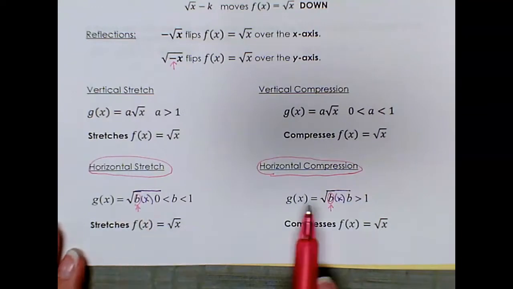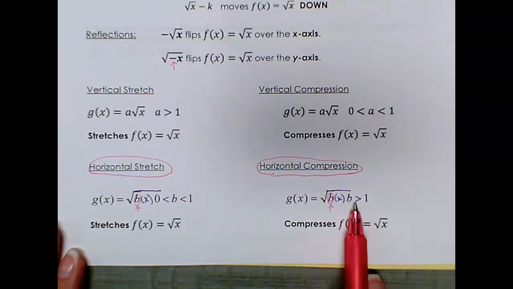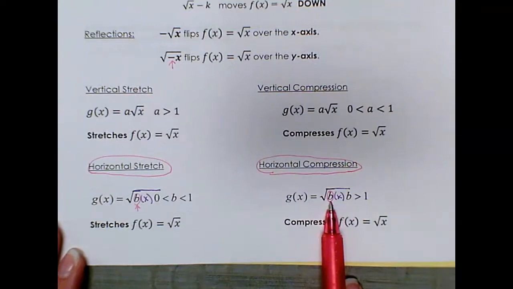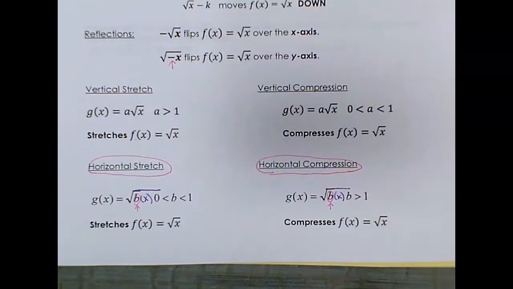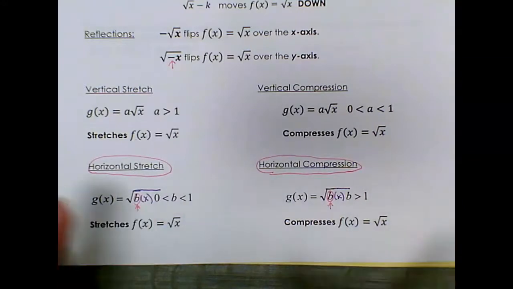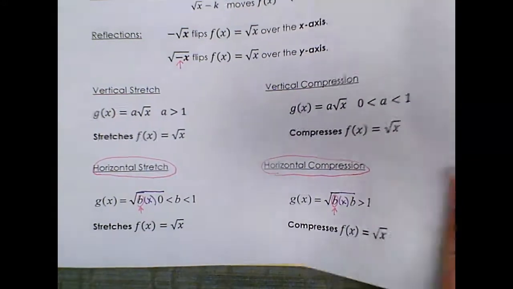In a similar sense, if your b value in here is bigger than 1, a big number, typically you think, oh, that means stretching, but that's only if it's vertical. If it's horizontal in here with x, who's a liar, then anything that's a big number is actually going to horizontally compress your function. So it'll make a little bit more sense whenever we do some more examples, and when we get to problems that have these b values in here. So let's move on to the next page.